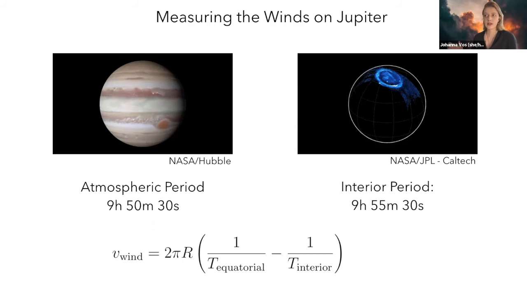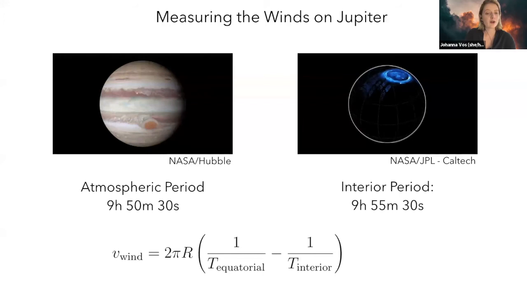The first method is what I've been talking about for the last 30 minutes or so, and that's to trace atmospheric features as they rotate in and out of view. So if you do that for Jupiter, focusing on equatorial features from +10 to -10 degrees, you'll measure a rotation period of about 9 hours, 50 minutes, and 30 seconds.